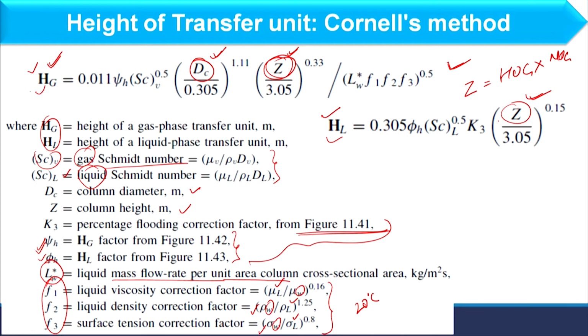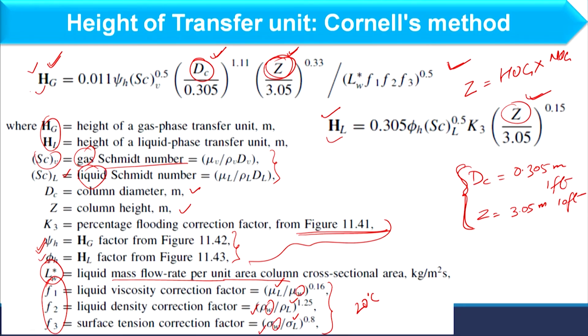Further, if we focus on this expression, it was given by Cornell when he considered diameter equal to 0.305 meter or 1 foot, and similarly Z as 3.05 meter or 10 feet. Based on this experimental setup he has given these equations.